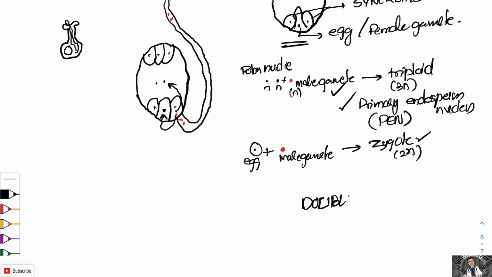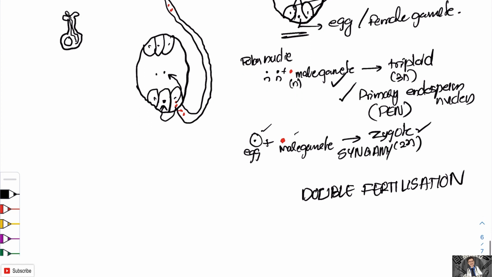Double fertilization is a phenomenon exhibited by the flowering plants or the angiosperms. The formation of zygote by the fusion of male gamete and female gamete has a name, syngamy. So double fertilization includes syngamy and triple fusion.